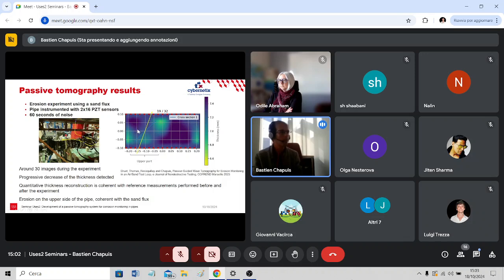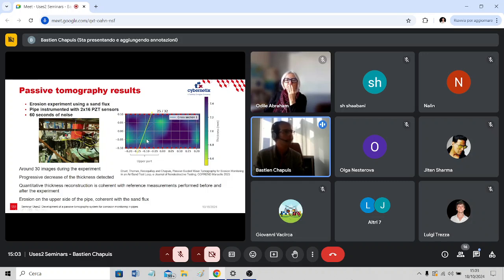So our absolute tomography algorithm captures this initial thickness reduction, and you can see here that progressively the thickness in this zone is reducing due to the erosion.